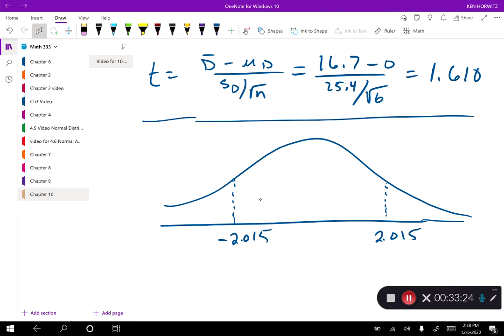So our test value comes in over here. Remember, to the right and to the left are going to be the rejection zone.